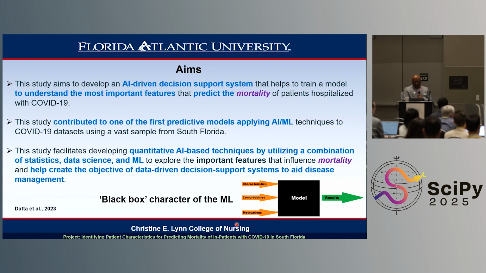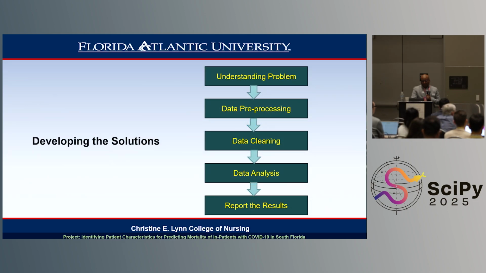You send in three different kinds of datasets: patient characteristics, patient comorbidities, and patient medication history, and see the results. This is the way we approach an audience who doesn't have much idea of data science, machine learning, or the engineering part, and maybe your stakeholder doesn't know that and doesn't want that. So this is one of the reasons we use the black box.